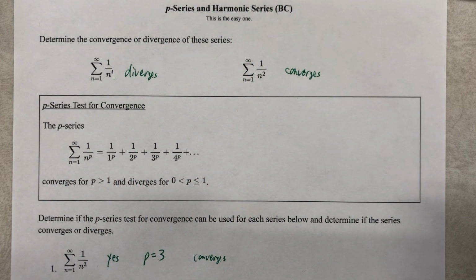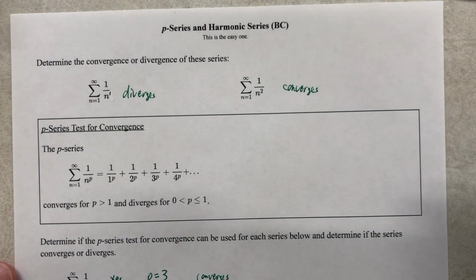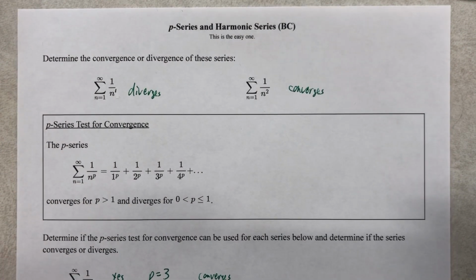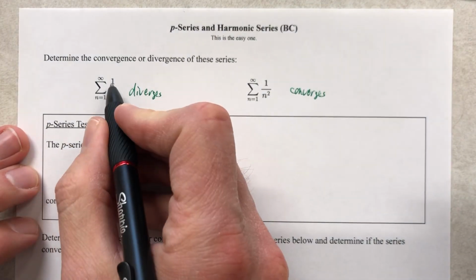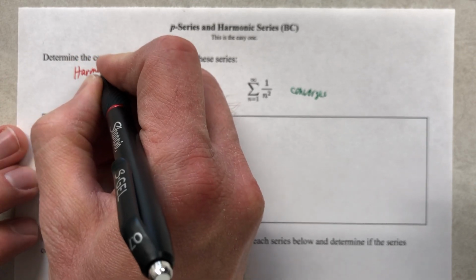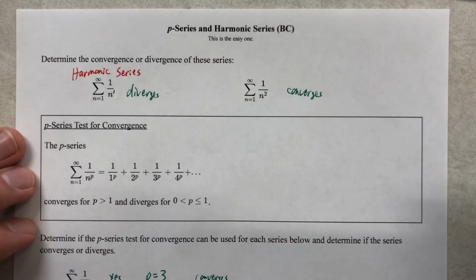So notice the title, back on track. P series and the harmonic series. What's harmonic? We haven't even talked about that, and the lesson's over. So this right here, 1 over n, is called the harmonic series, and you are going to encounter that a lot.